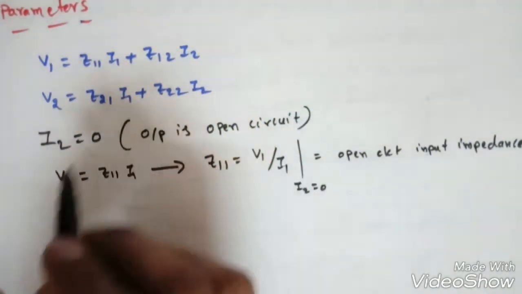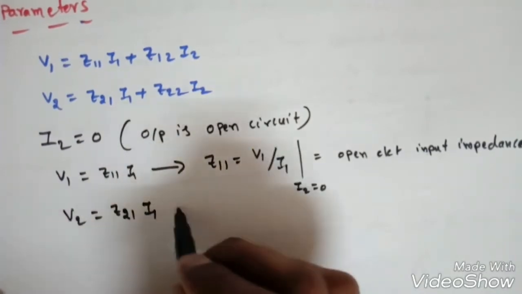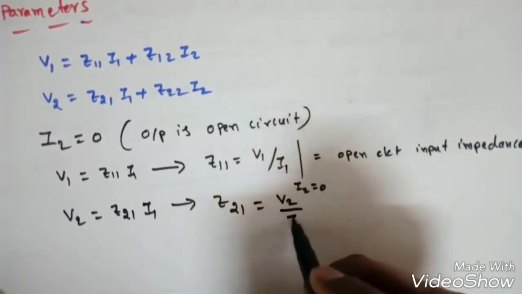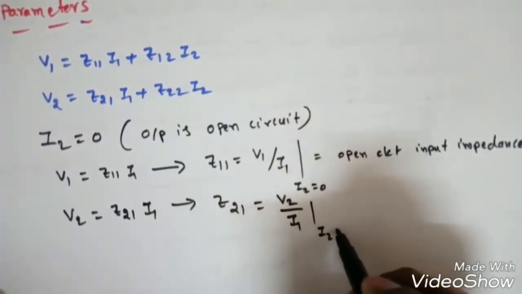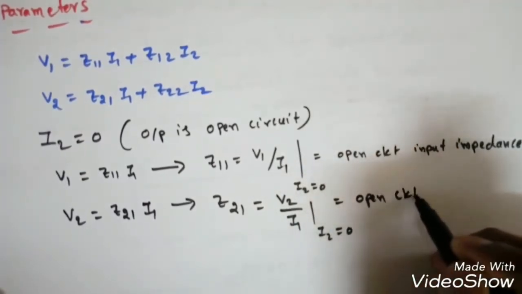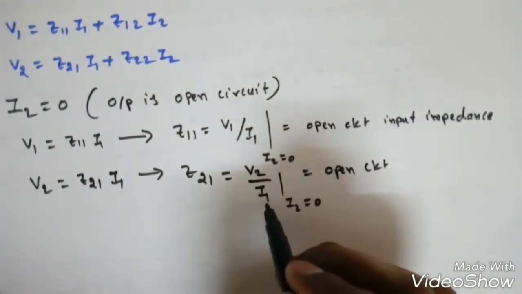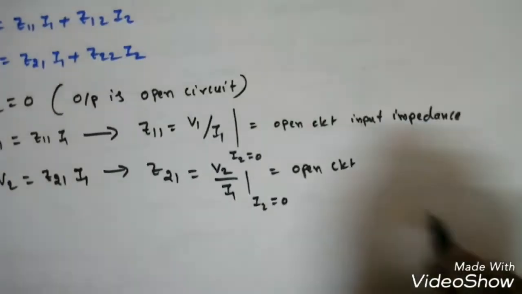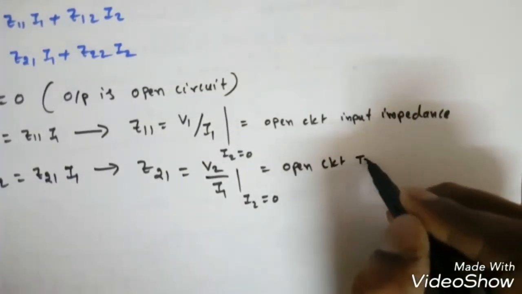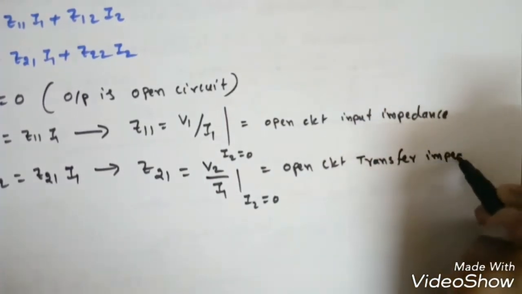Similarly, from the second equation, V2 is equal to Z21 I1, so Z21 is equal to V2 by I1 when I2 equal to 0. This is also open circuit. Again it is an impedance only, but it is transferring from output to input. So it is called the open circuit transfer impedance.